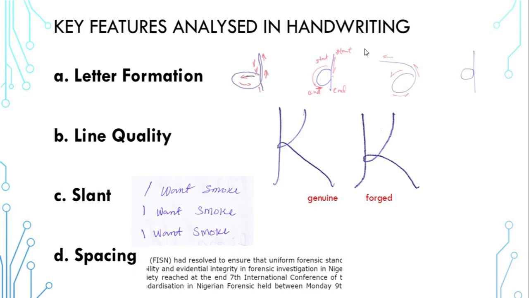But later, some of us deviated into writing our D like the first one. The first one is using only one stroke. See, it still follows the same process, but only one stroke. That is from the right to the left, curve down, move up and then come down with the same stroke. Whereas in the original one we were taught in primary school, we used two strokes.